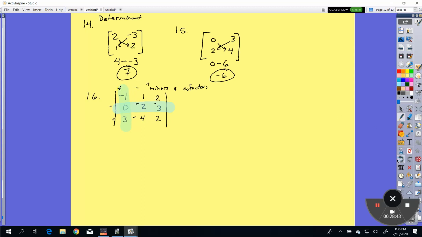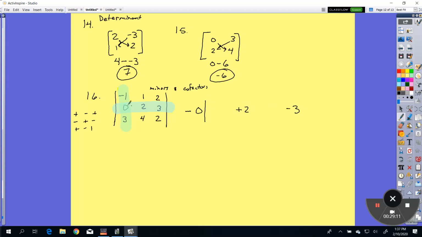I should write those somewhere else so I don't get confused with them. So if I use this row, I'm going to have -0, plus 2, and minus that number, which is 3.